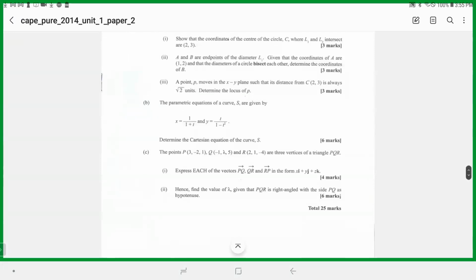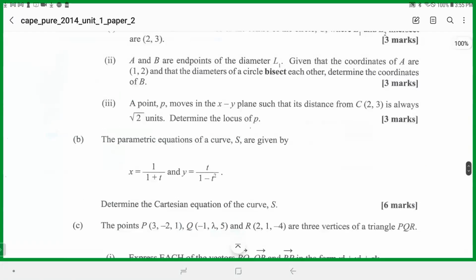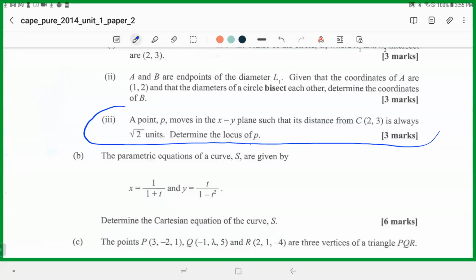Where is it? Right here. That's a locus question. A point P moves in the xy plane such that its distance from this point is always root 2. Let's work that out.